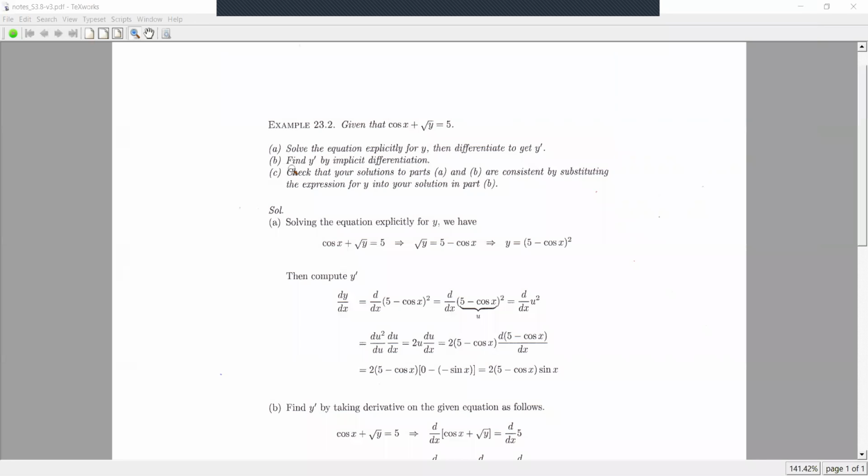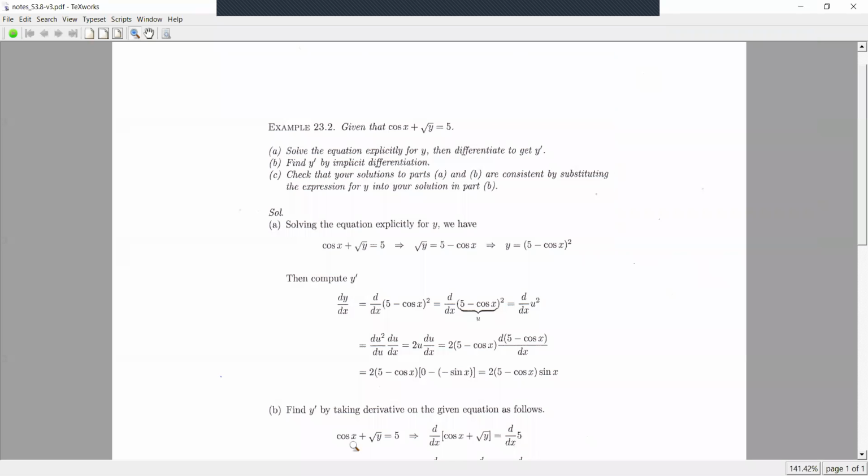Part B. Find the derivative of y by implicit differentiation. That is, don't solve the equation for y, then compute the derivative. Instead, take the derivative of the equation to get the derivative.